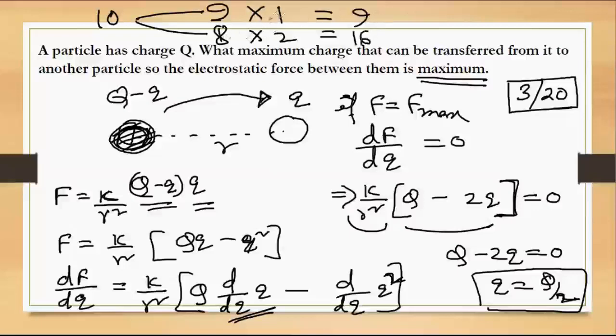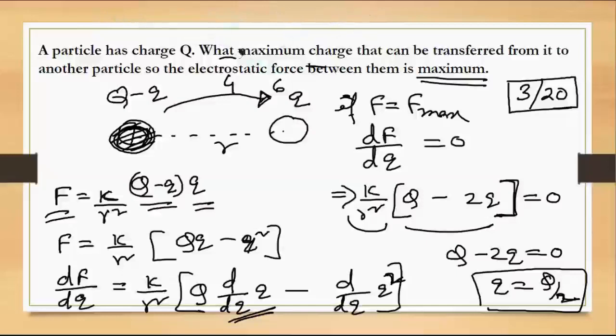As this product goes on increasing, the force also goes on increasing. It will be maximum at 5 into 5, that is 25. If you go beyond 5, say 4 and 6, it will be 24 again, so it will reduce. So from examples also you can find that the force will be maximum when the charge is split 50%. I hope you understood now.